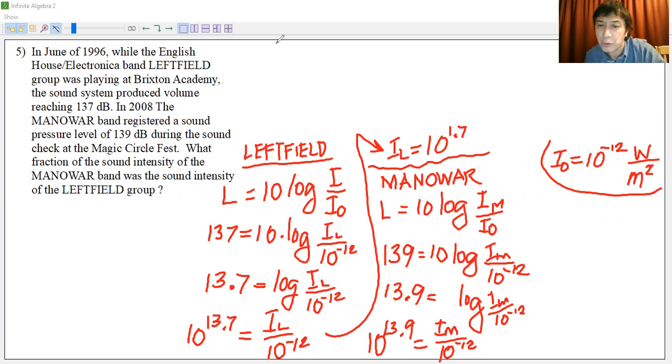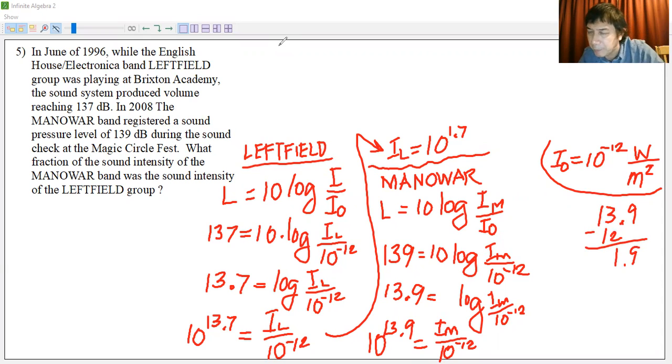And so solving for the intensity for the Manowar, this will be the product of 10 raised to 13.9 and 10 raised to negative 12. So that will just be 13.9 minus 12 for the exponent, and we have 1.9.